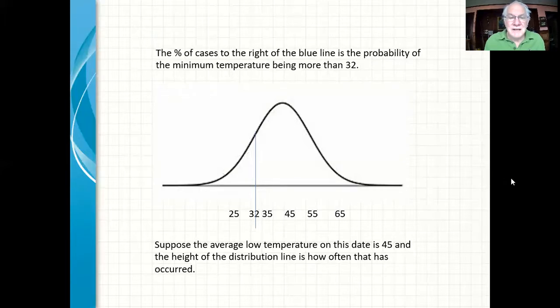The percent of cases to the right of the blue line right here is the probability of the minimum temperature being more than 32. The height of the line where this blue line crosses it gives you a sense of what the probability is on that given day.